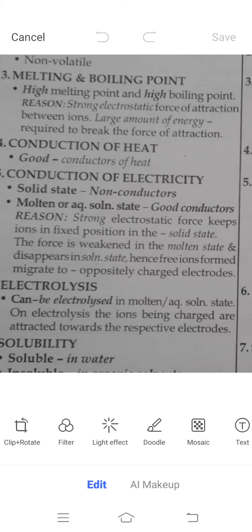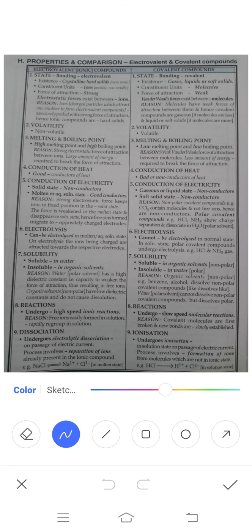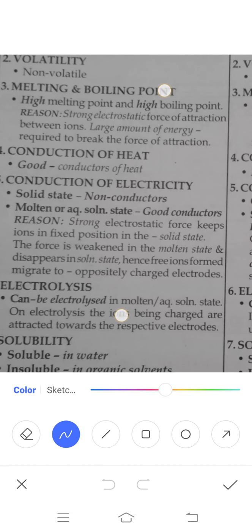But when you dissolve it in water, or when you melt that salt, the force of attraction between the ions becomes weak, and this leads to the formation of free ions. Hence they conduct electricity and are attracted by the oppositely charged electrode.